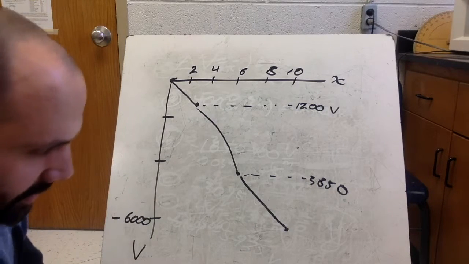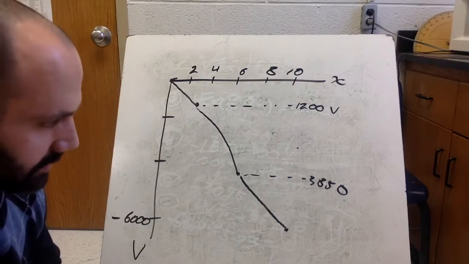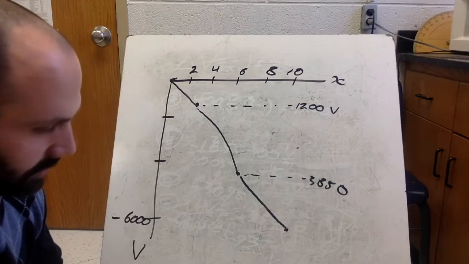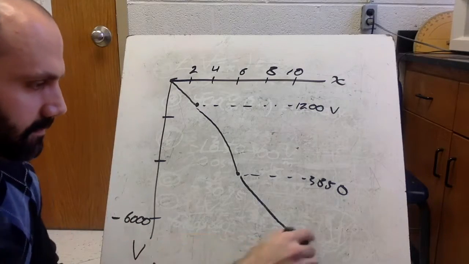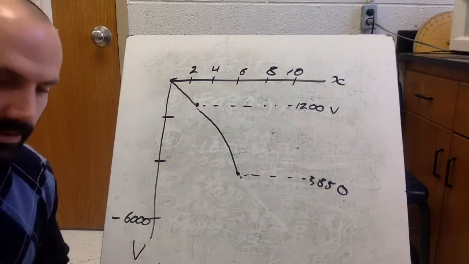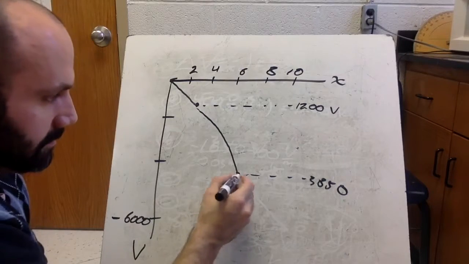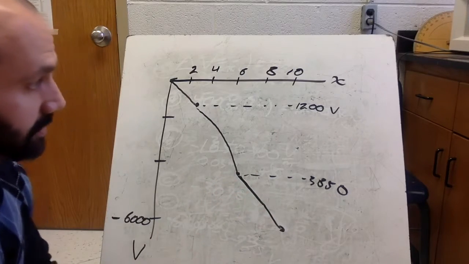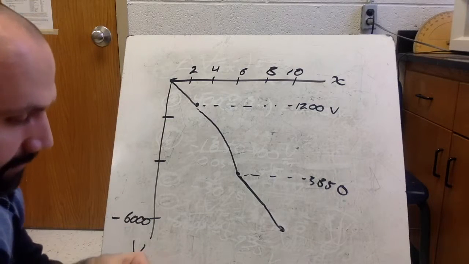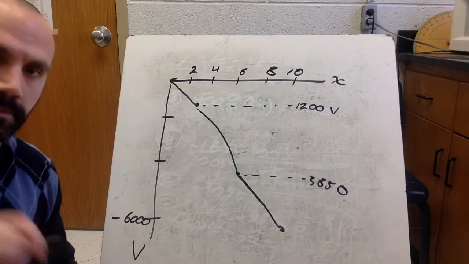Rather, it's still getting steeper, I should say. The slope is increasing there. But it's getting difficult to draw. Anyway, so that's what the graph is going to look like for the electric potential.